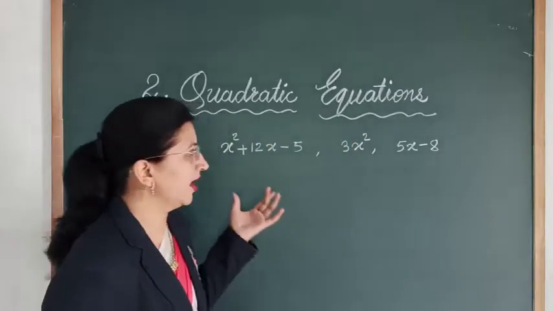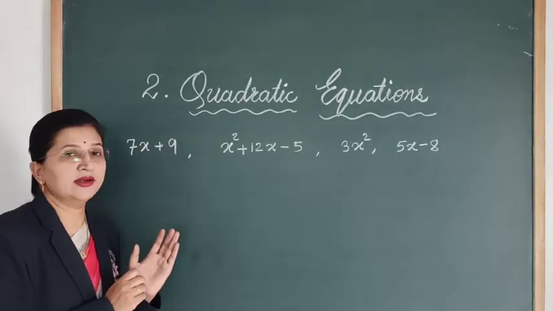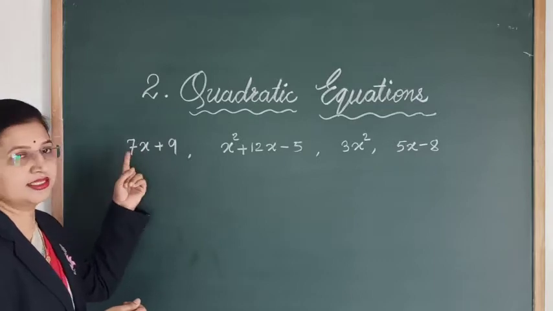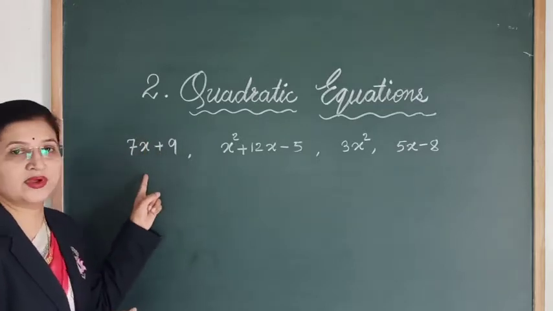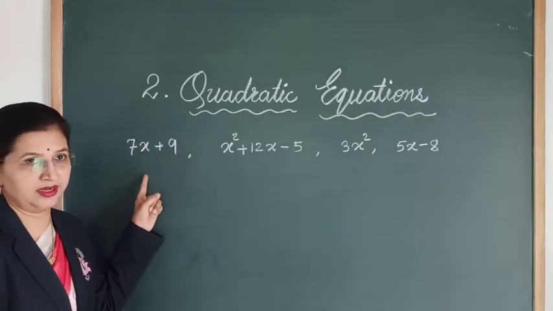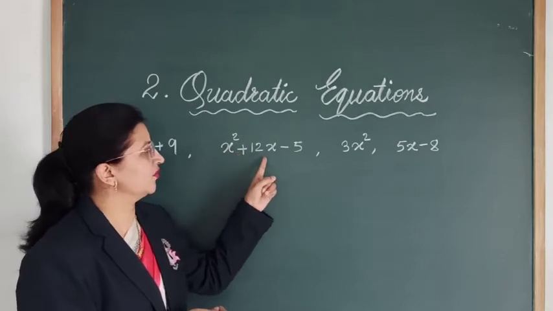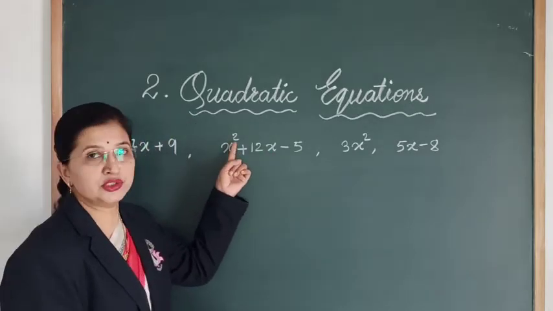Okay? Now here I have written some polynomials. So let's classify them as a linear polynomial or quadratic polynomial. Okay? Now you can see here 7x plus 9. The degree of this polynomial is 1. That's why it is the linear polynomial. Okay? Now in this polynomial x square plus 12x minus 5, the degree of this polynomial is 2.